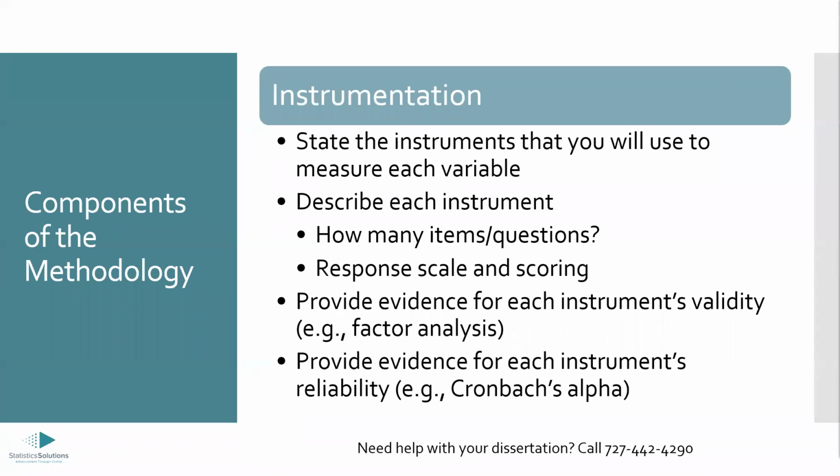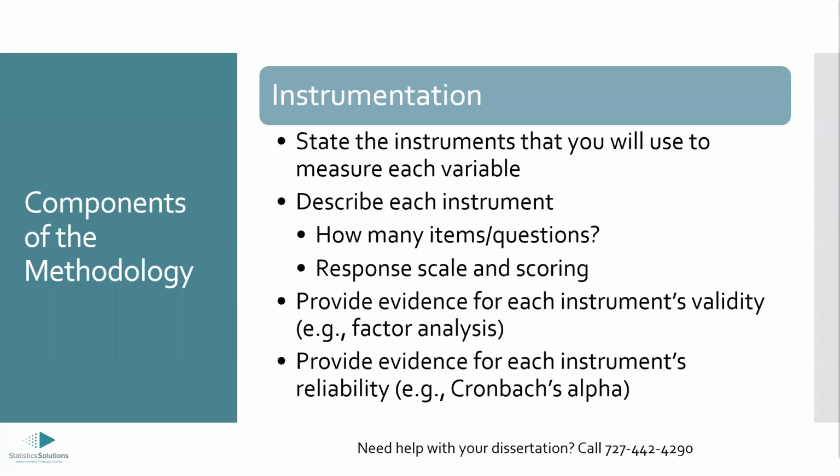So now let's talk about the instrumentation. The instrumentation refers to the specific methods that you'll be using to measure each of the variables in your study. So you may be doing some type of study that involves survey instruments. Perhaps you have a survey instrument that can measure something like self-efficacy or self-esteem or qualities of leadership.